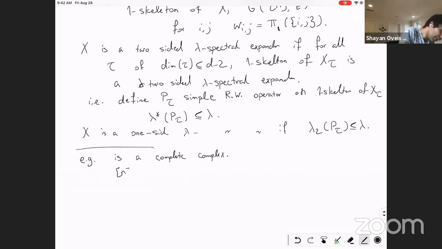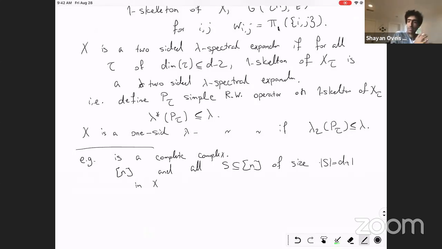Let's say you have n, and you have all subsets of n of size, let's say d, or say d plus 1 in X. And these are the top faces, the complete complex. And you have a uniform weight. Then in every dimension, you would have all faces and you would get a uniform distribution.